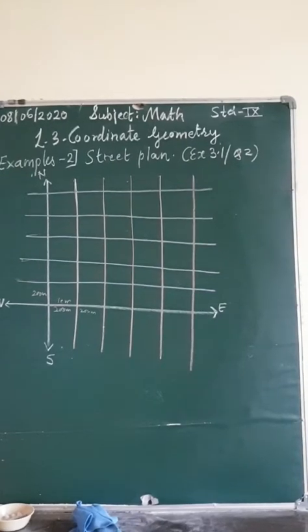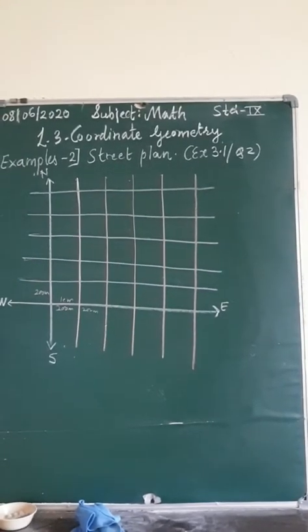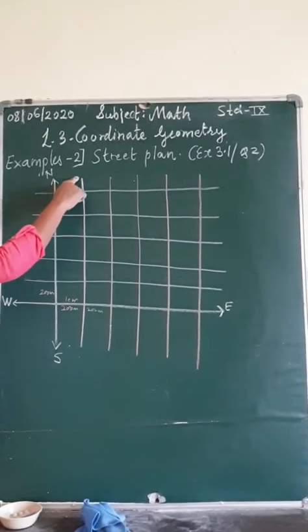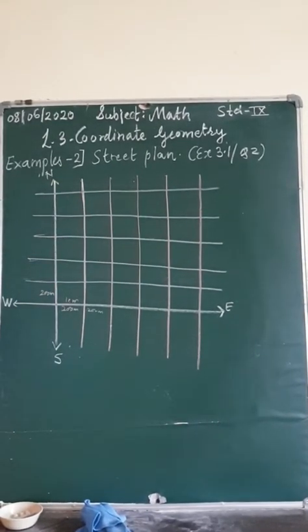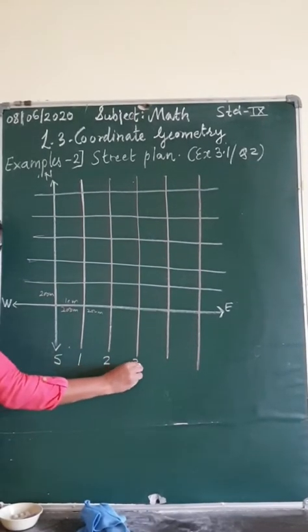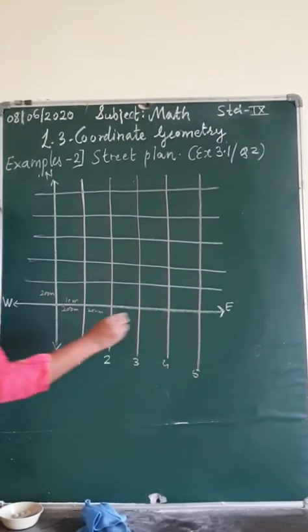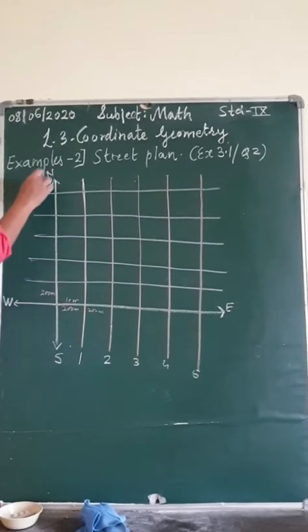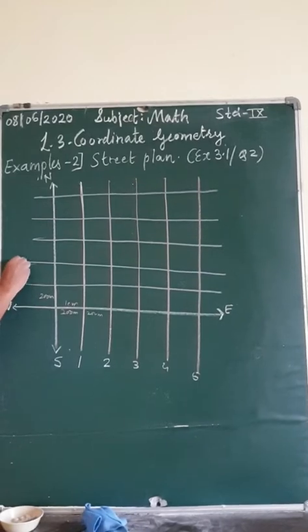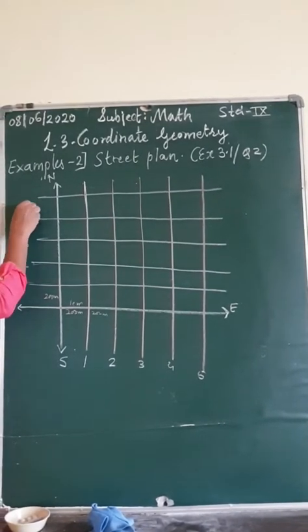One more thing they have given is that if you number the streets, the north-south direction streets are number 1, 2, 3, 4, 5. Similarly, number the east-west direction streets 1, 2, 3, 4, 5.